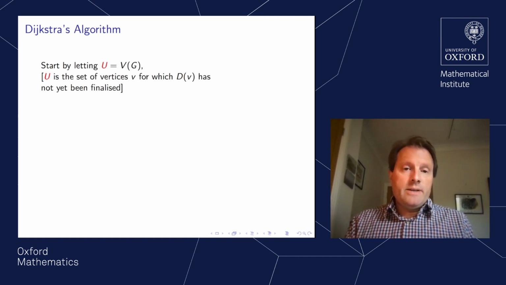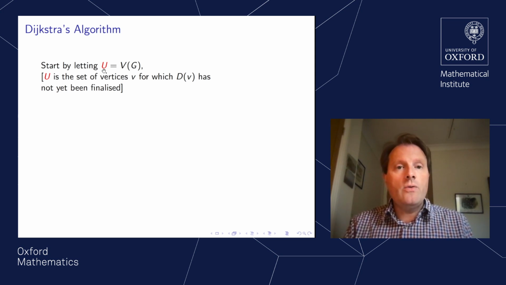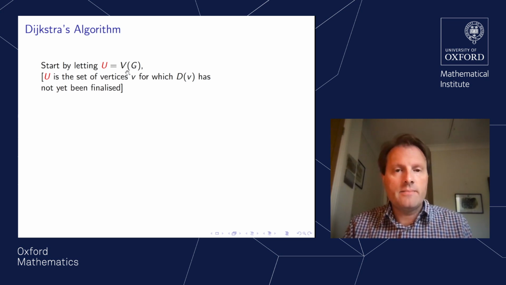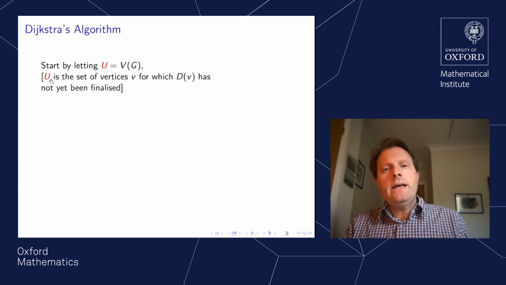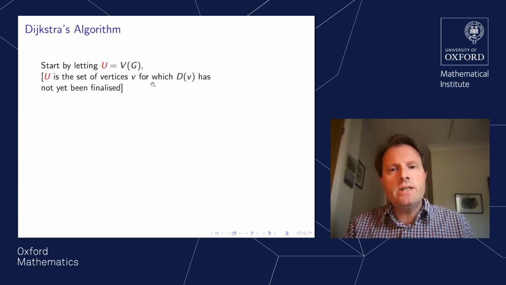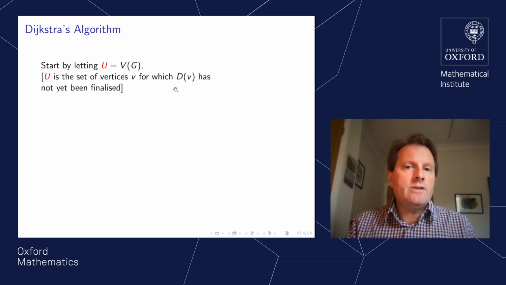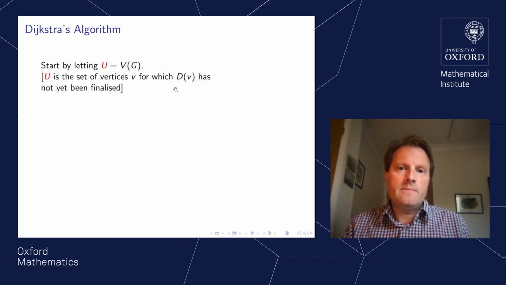So what the algorithm does is it keeps track of a subset U of the vertex set. Initially U is the entire vertex set. U is the set of vertices for which d(v) has not yet been finalized.